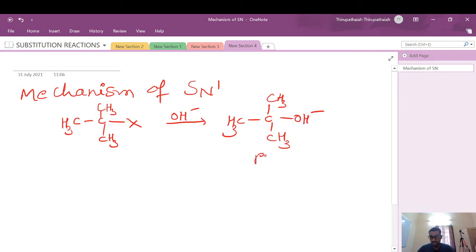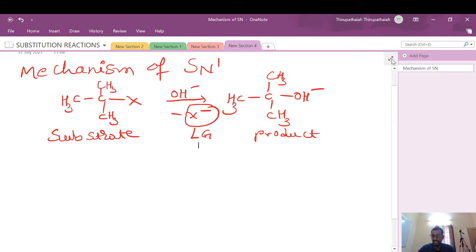This is the product. This is the substrate. The molecule on which the reaction takes place is called the substrate. OH minus replaces X minus, which means X minus is the leaving group and OH minus is the attacking group. This reaction takes place in two steps.